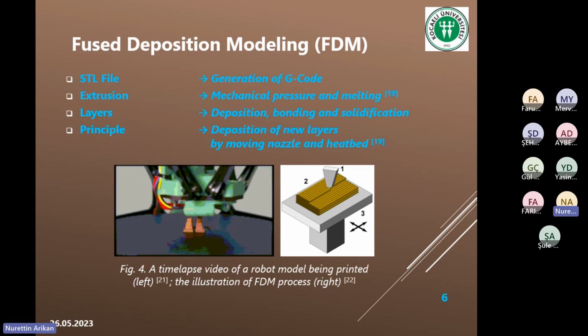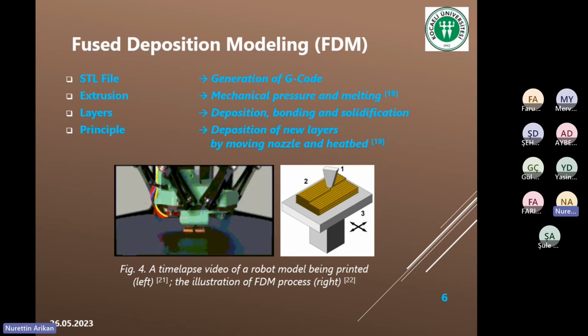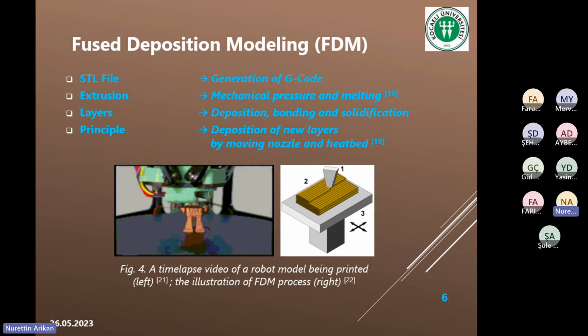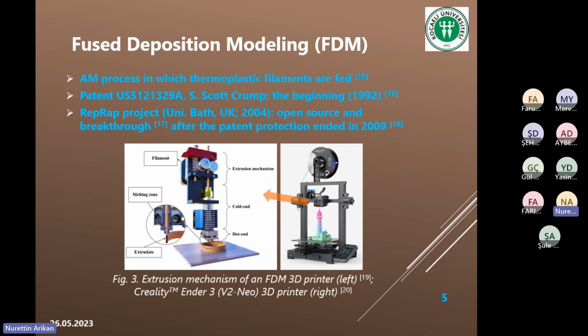There are both open code, open system slicers, as well as manufacturer specified, manufacturer dependent slicers. And after we get our G-code, we introduce it to the device, to the 3D printer, and the extrusion is performed by mechanical pressure and melting after feeding to the cold zone, cold end and hot end.